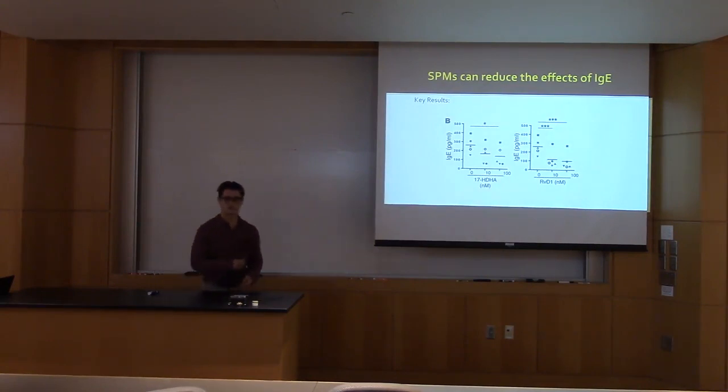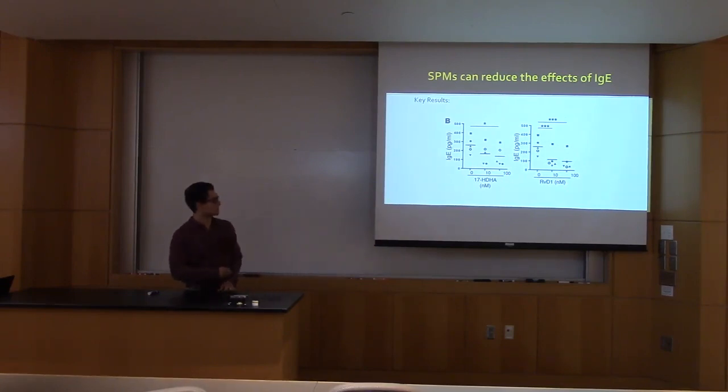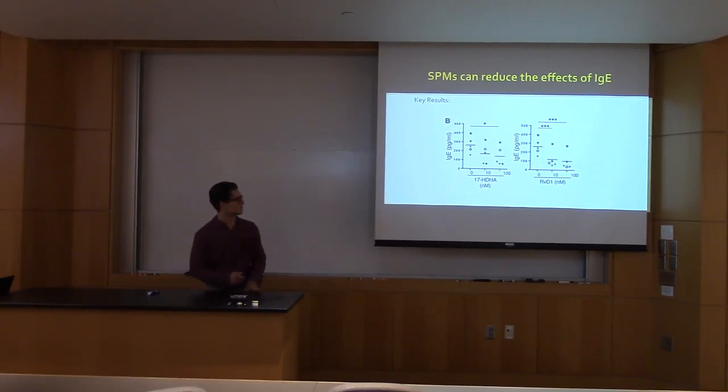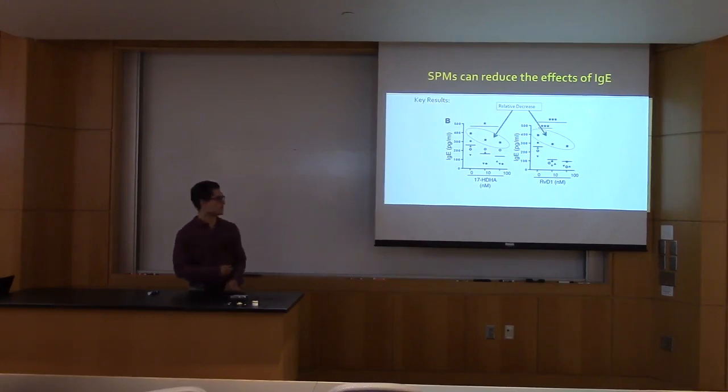And so this is our ELISA graph, and as we can see on the bottom, on our x-axis, we have the concentration of resolvins, and then on our y-axis we see the production of IgEs. And what they had come to find is that there is a relative decrease with the IgE production when you increase your resolvins.